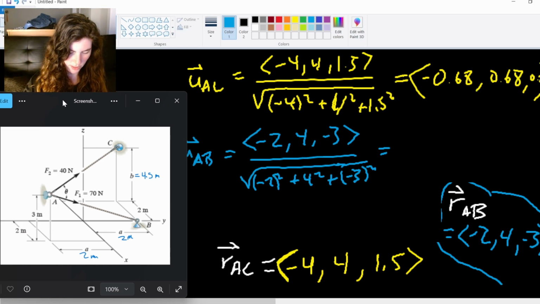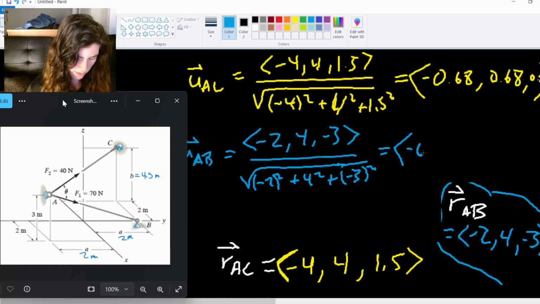All right, so that gives us, let's see, square root of 4 plus 16 plus 9. That gives a value of 5.38. Negative 2 over 5.38 gives us a vector value of negative 0.37.